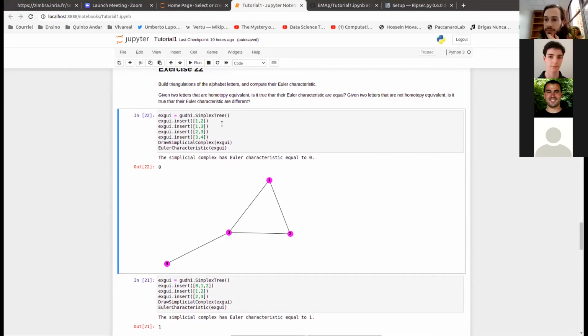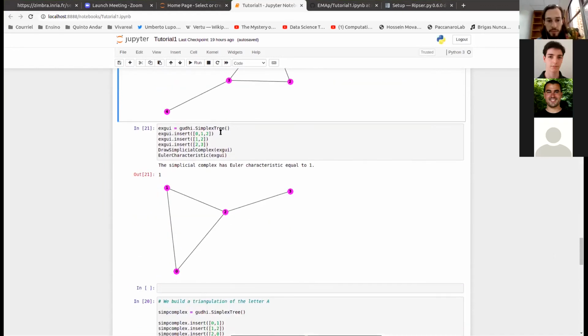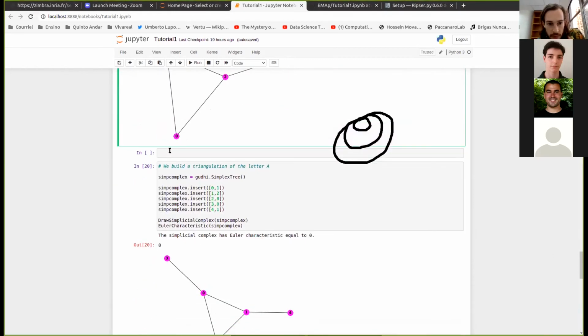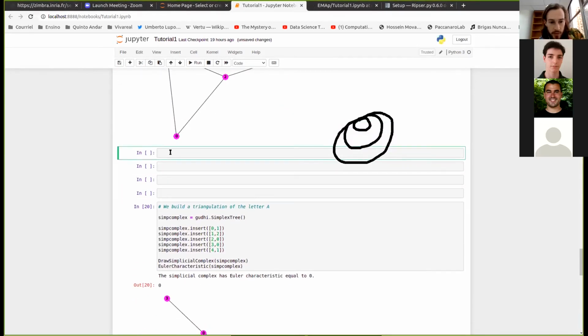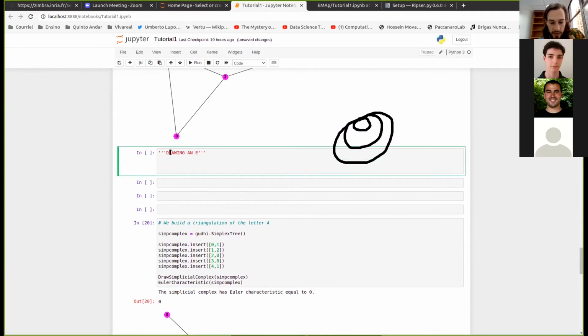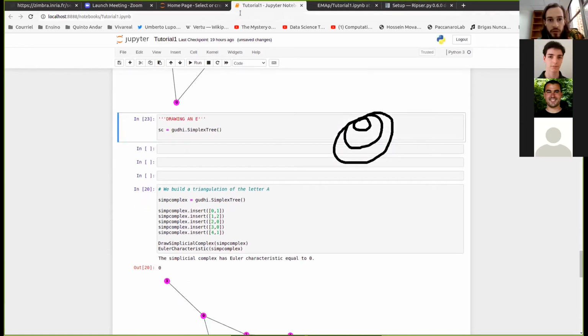Rafael, I cannot draw an E. Can you help me with that? Yeah, of course. So, drawing an E. I will say simplicial complex equals gudhi SimplexTree. I would like to write this.